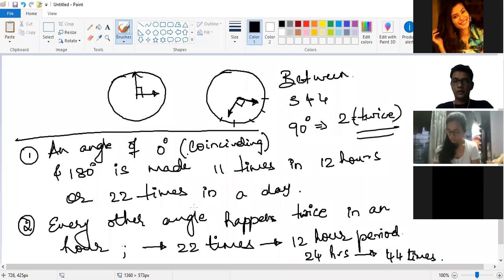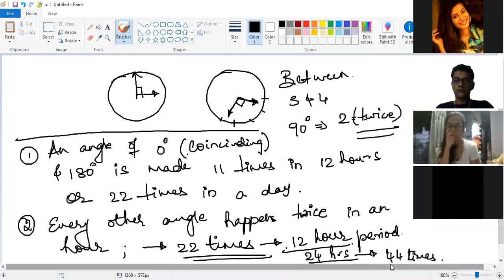So I repeat, apart from 0 degrees and 180 degrees, every other angle happens twice in an hour, which means it happens 22 times in a 12-hour period and 44 times in a day.